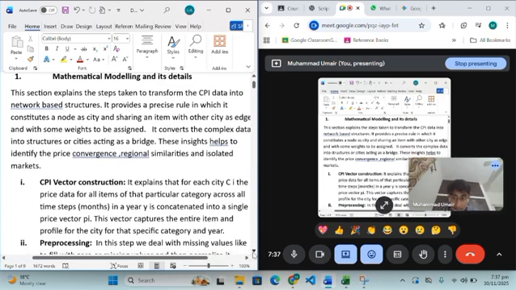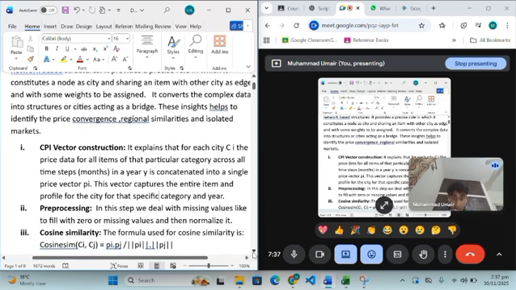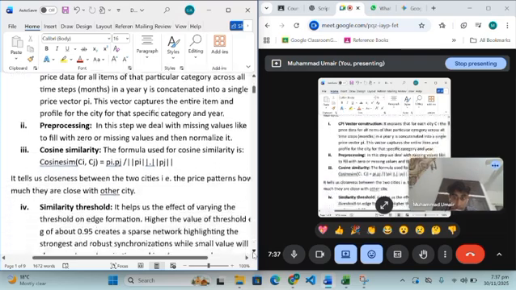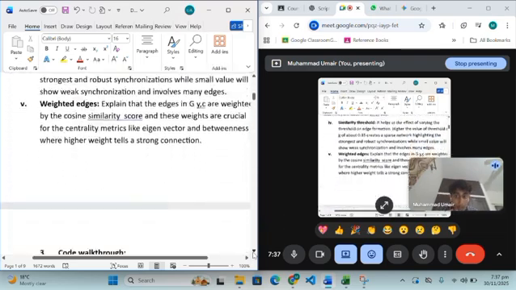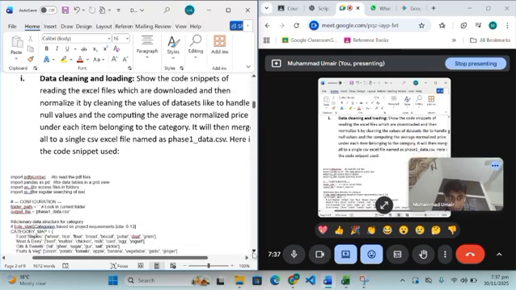For this case, I first used a preprocessing technique for the Excel files, which I downloaded from the links shared by the sir. I normalized them using Python code, which is this one.